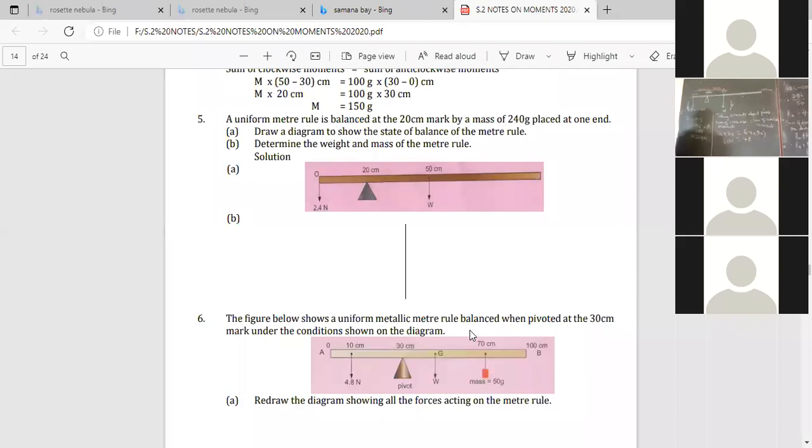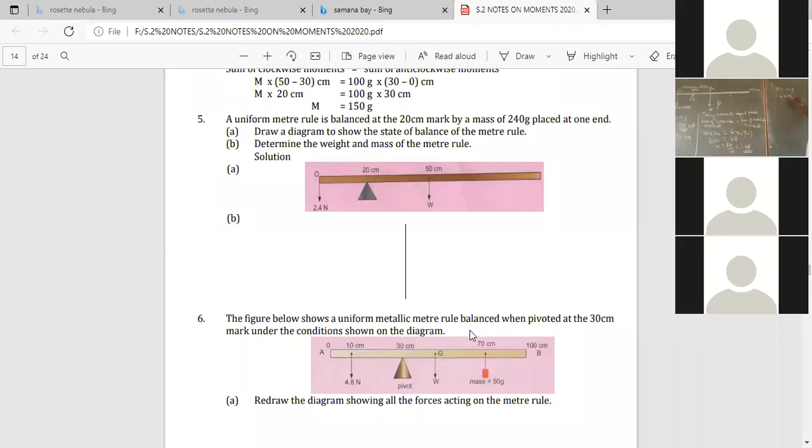1.6 newtons. So how do you convert that? Because they're asking us for mass. Weight is equal to mg. 1.6 is equal to m times 10.